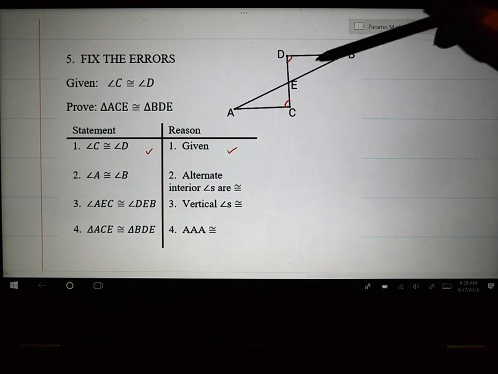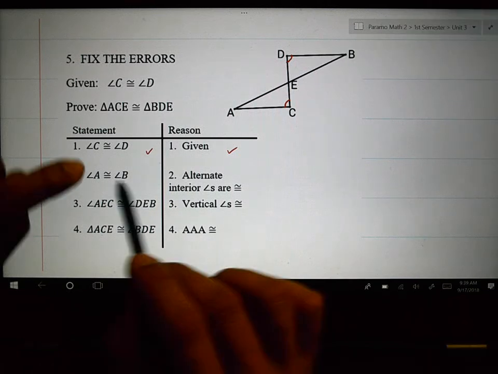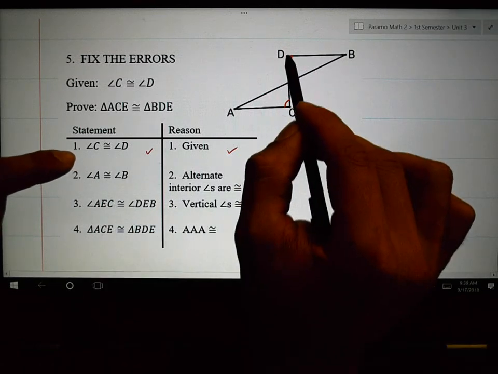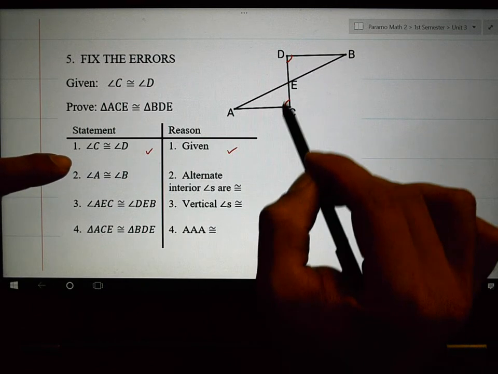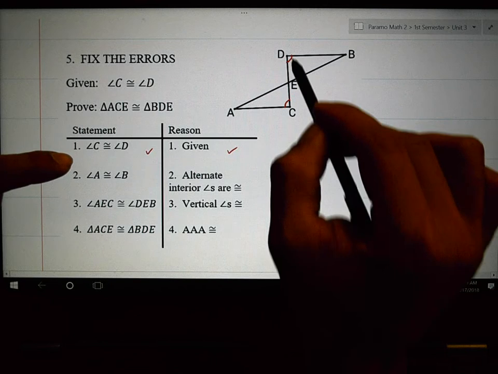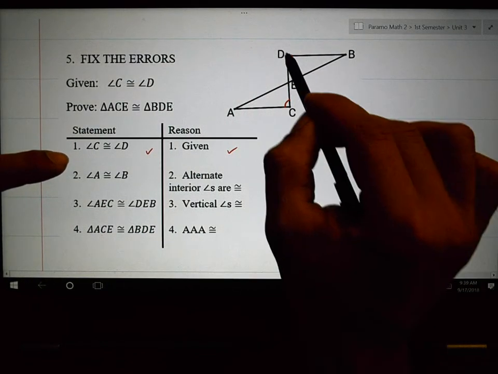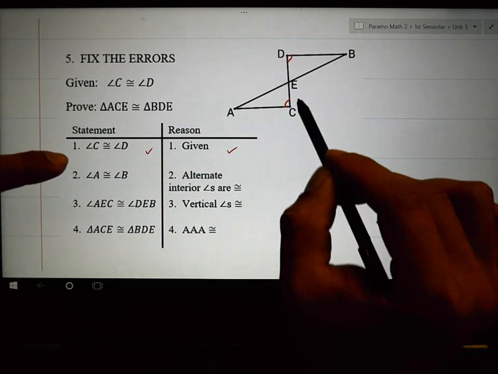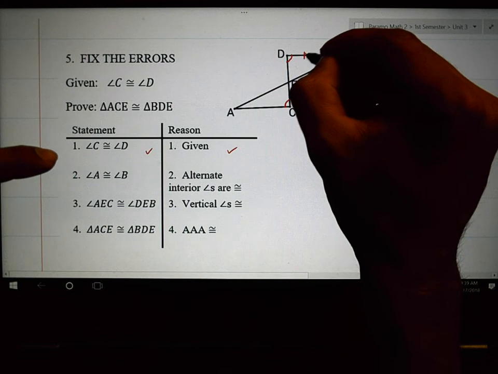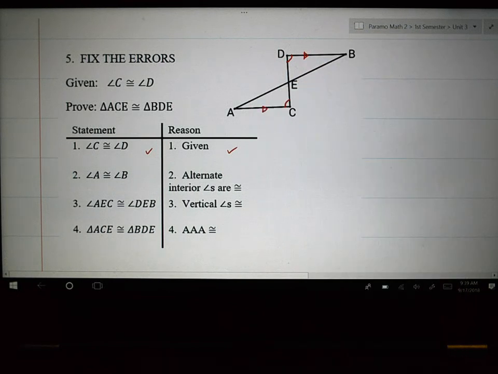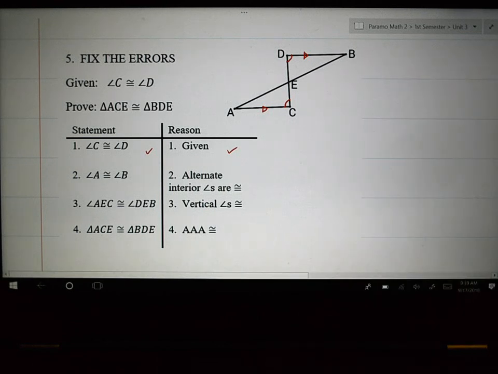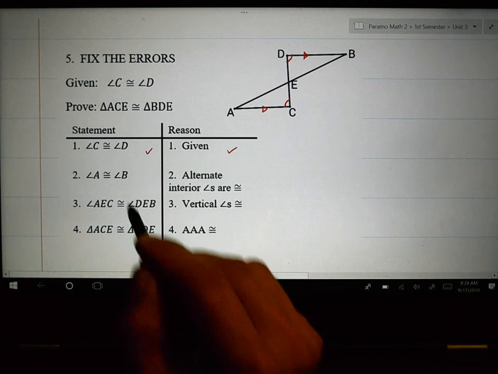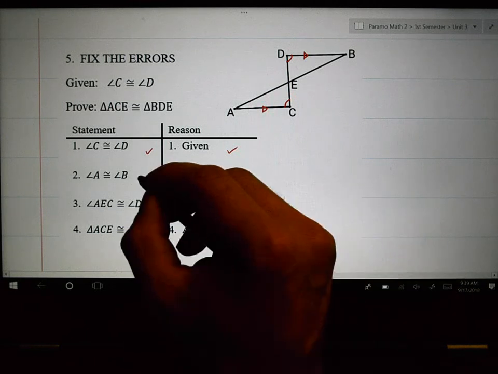It doesn't show that it's parallel. But because these two things are given, that these are congruent, are these alternate interior angles? Is that a Z? If they are, then that must mean that this is parallel to this. If they are parallel, then does that make the B and the A also congruent to each other? That is going to be a true statement.